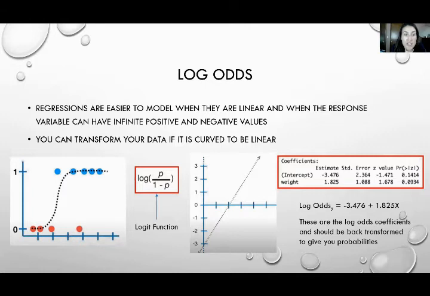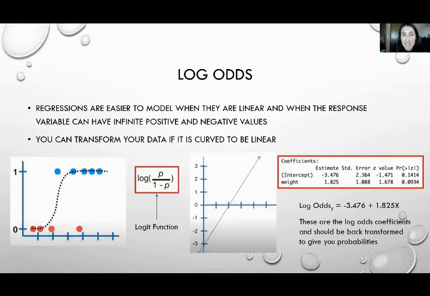And so rather than just taking the odds, which would be the probability of an event occurring over the probability of the event not occurring, because that would keep the curvature to the data, we then log that odds function. And what that does is it transforms our data so that it becomes linear, like you see in that middle graph there. And then that is what we could use to create our parameter estimates.